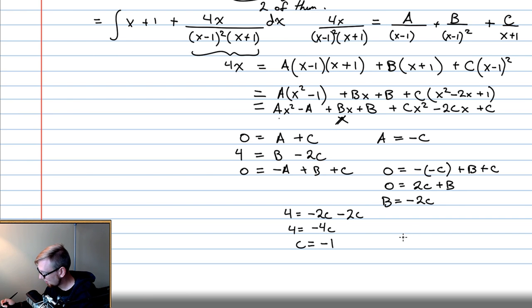Nice. If c is negative 1, then a is the negative of c, which would be 1, and b would be 2. So a is 1, b is 2, c is negative 1. Done! Now we can split up our original integral into its partial fractions.